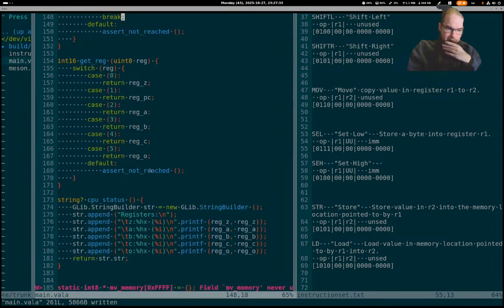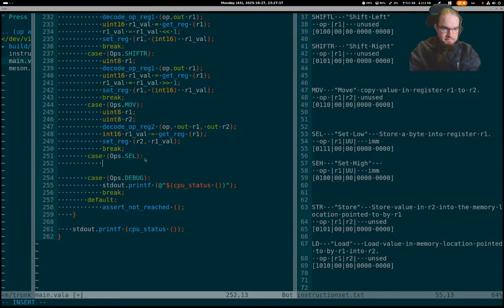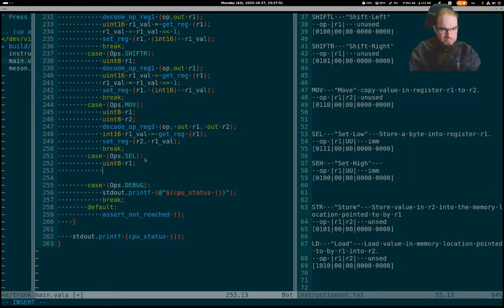Decode op im. 8 R1. Then we're gonna have to store the value somewhere. So uint 16 R im val.